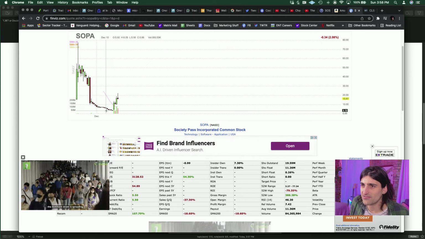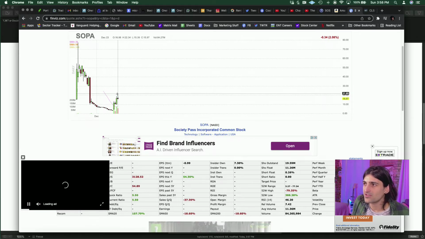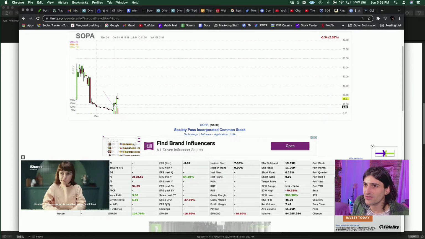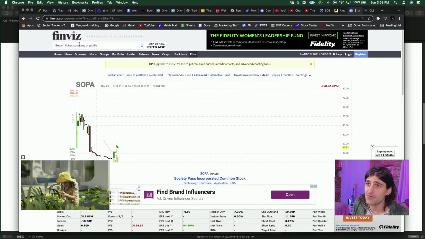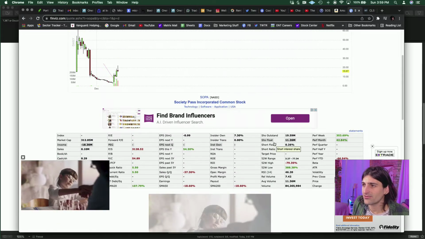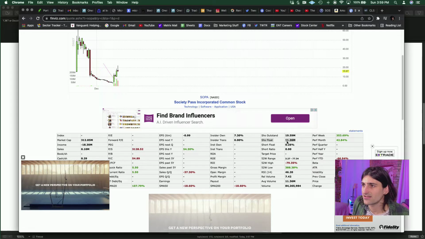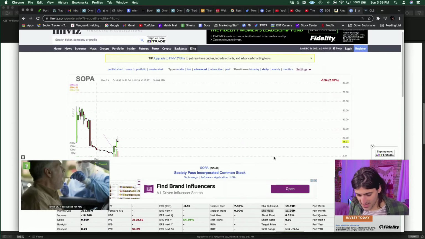You can see it went from the lows of the 3s, ran all the way up to over $20 within 1, 2, 3, 4 days. Type in your ticker here, scroll down, right around here, you're going to see where it says shares float. Here, 11.26 million. Good enough for me, small float, yeah?